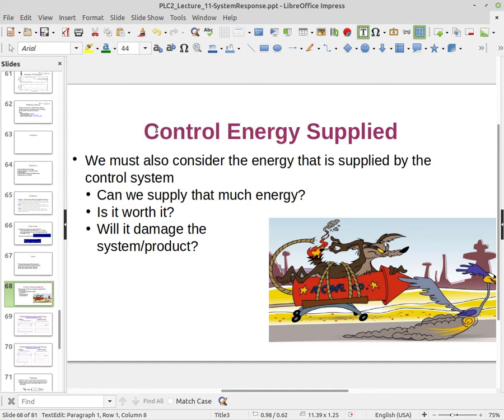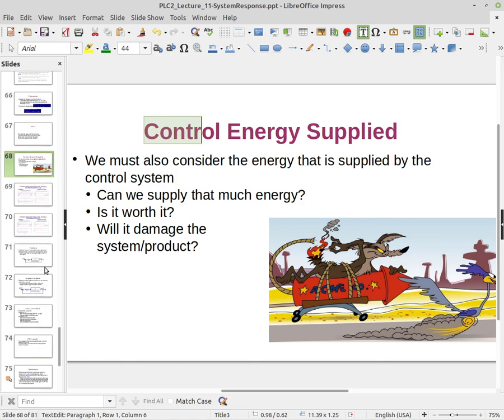A lot of times our controller is going to say, let's attach a rocket and really push this system, but the actual output of our controller or our actuators cannot push it that hard. And so the system is not going to respond as fast as we would like it to, because we just don't have as much energy in our controller to push the system that hard.